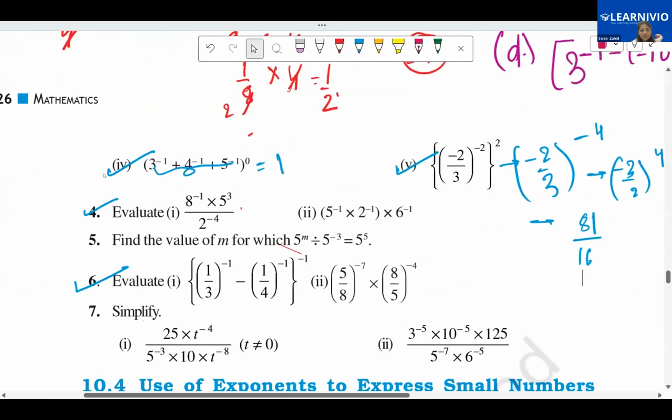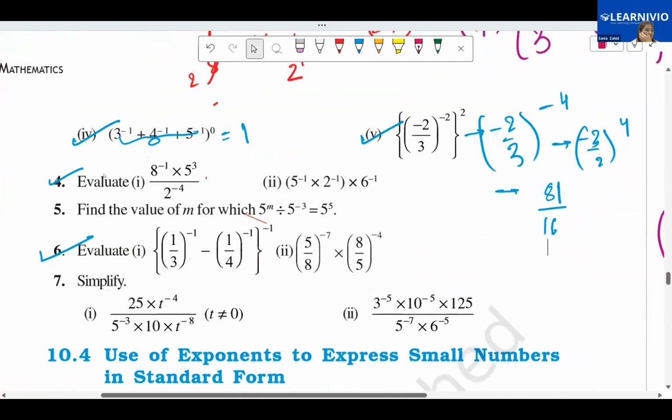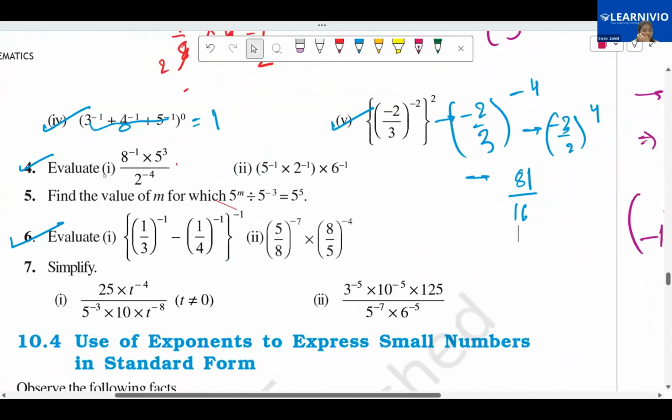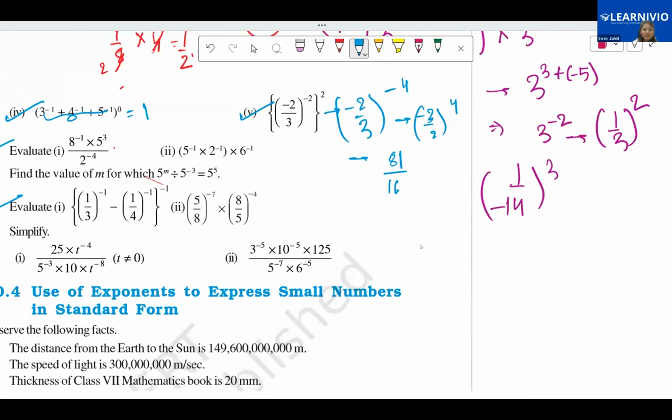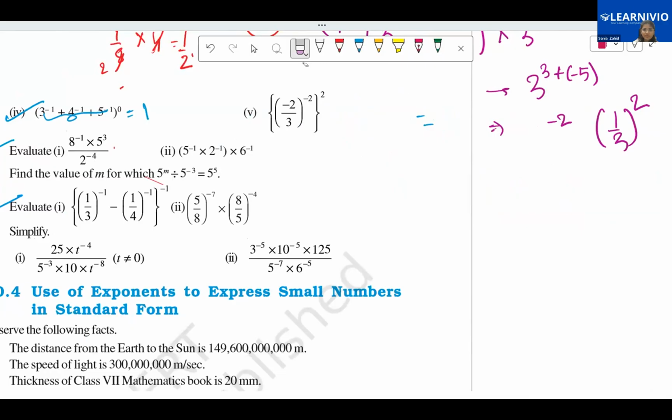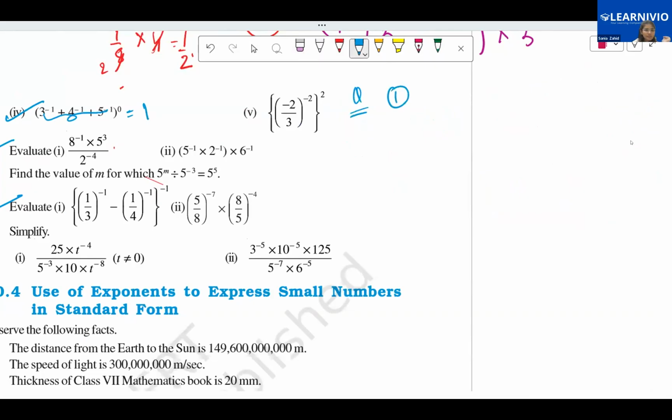Then you have to evaluate the following. So 8 to the power minus 1, you solve it here. First is 8 to the power minus 1 into 5 to the power 3 by 2 to the power minus 1.